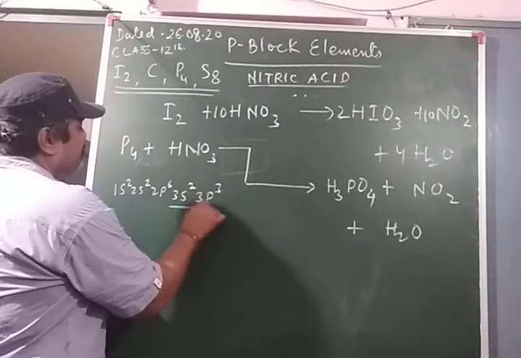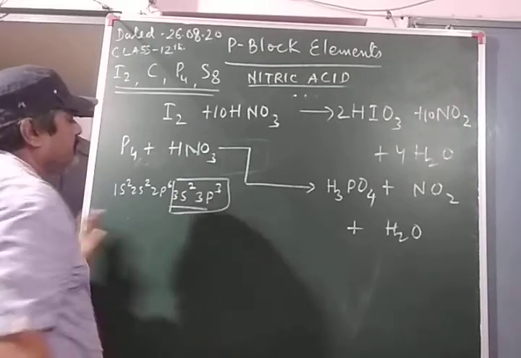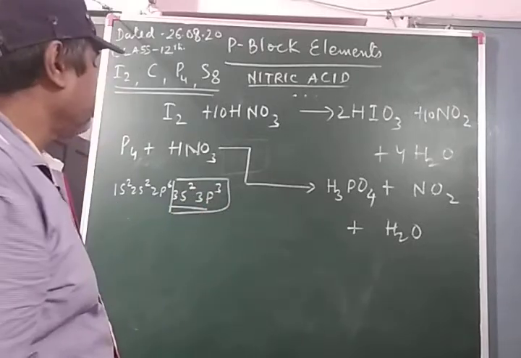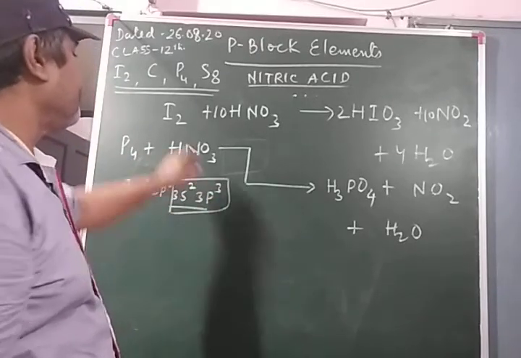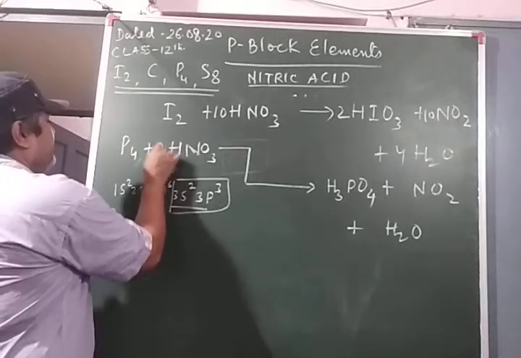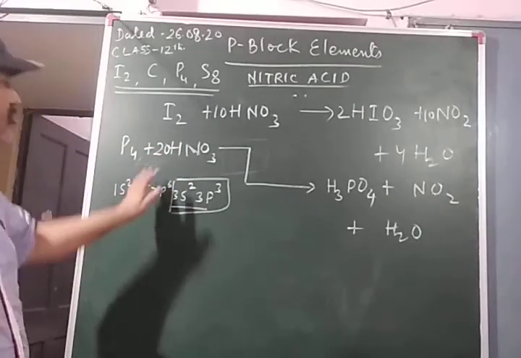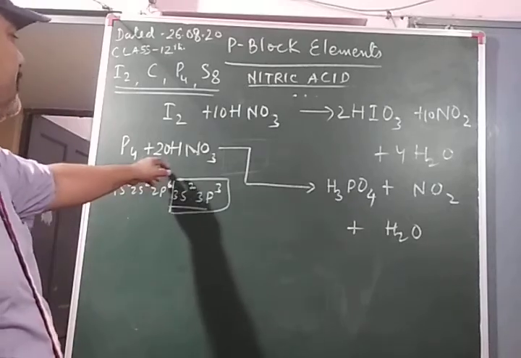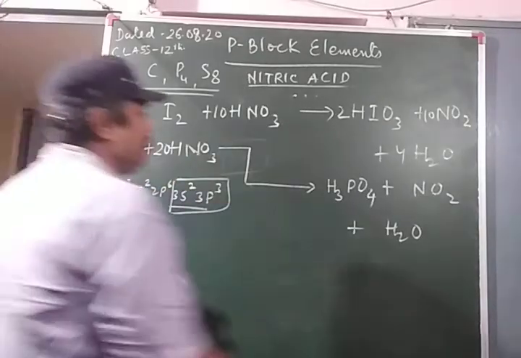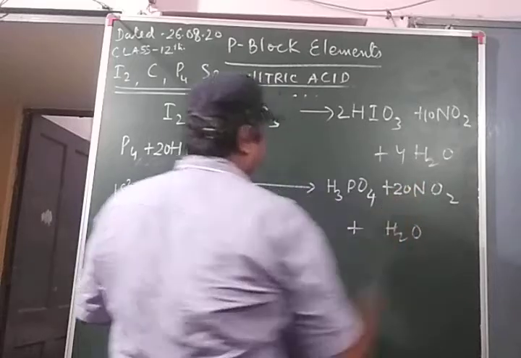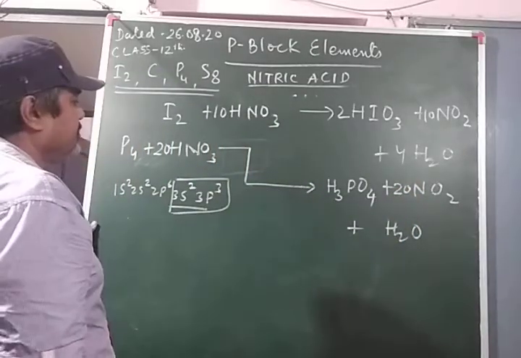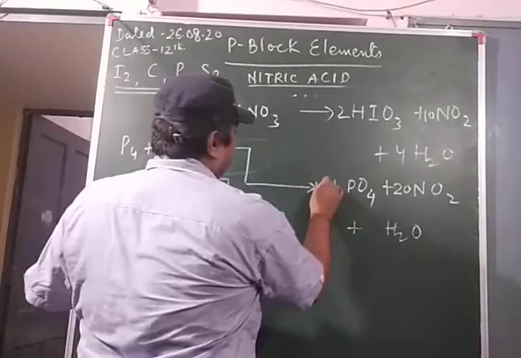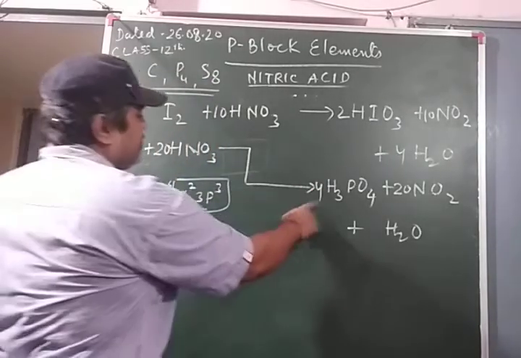So overall, 2 plus 3, 5 electrons are there. So 5 fours are 20. 20 HNO3 will be here. So 20 will be the stoichiometric coefficient of HNO3, and to balance it, 20 NO2. To balance the phosphorus, 4 H3PO4, and 4 threes are 12.